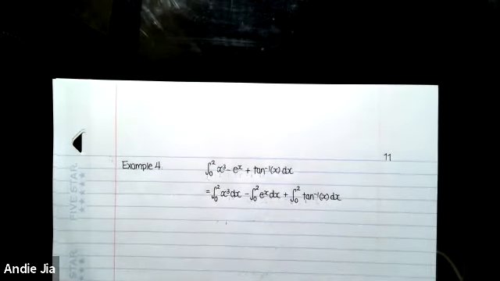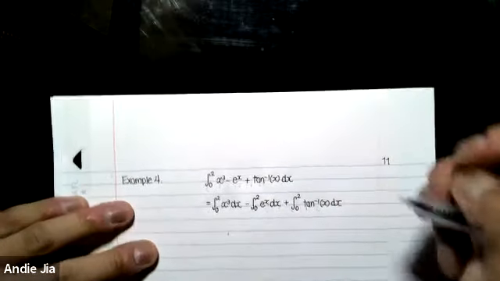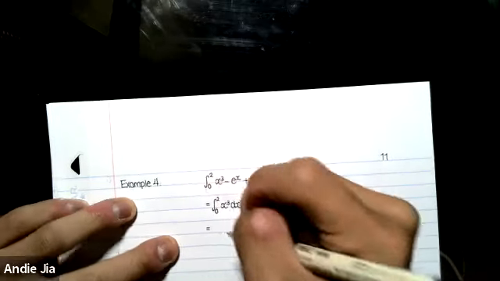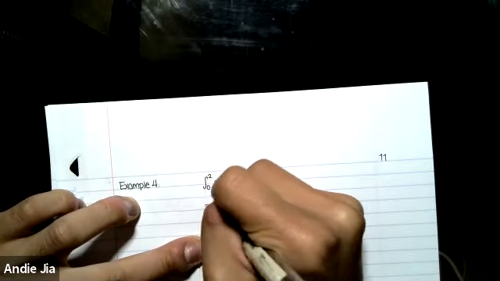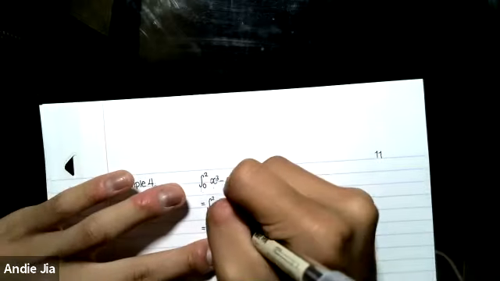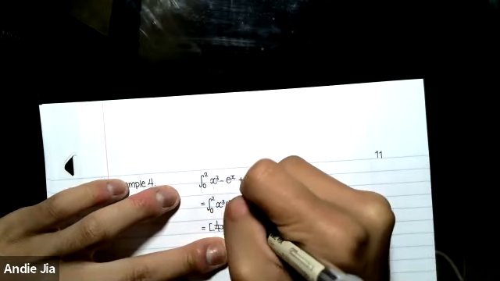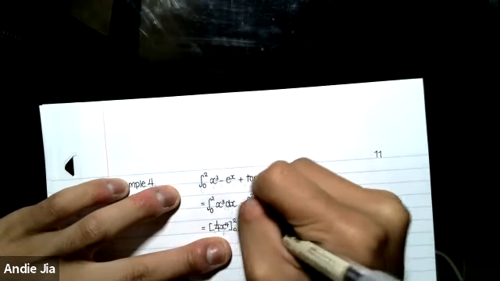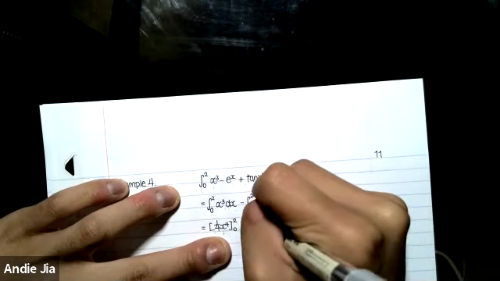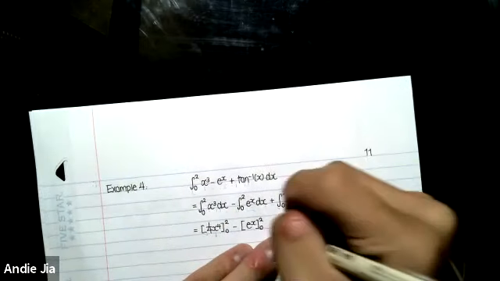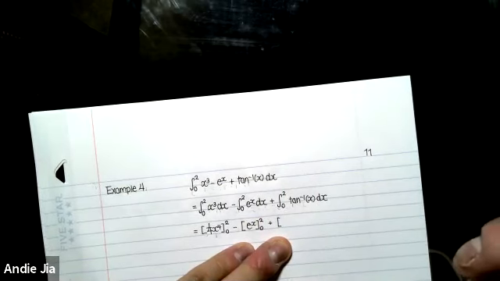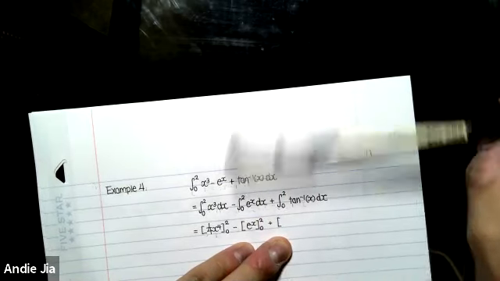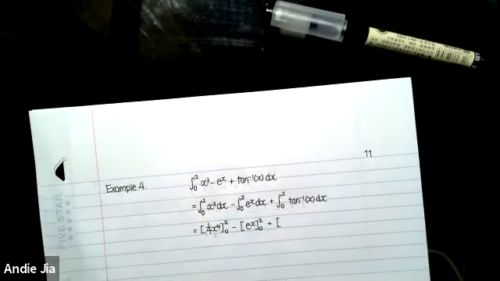x, just the general antiderivative. Two and the 0 minus the x, 2 and the 0, plus, oh wait, wrong, oh god, I'm sorry.